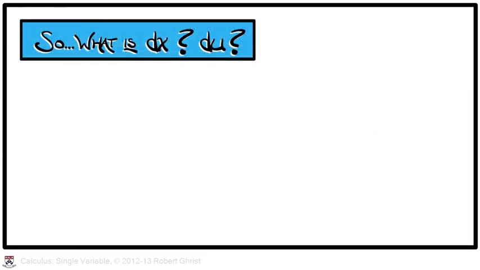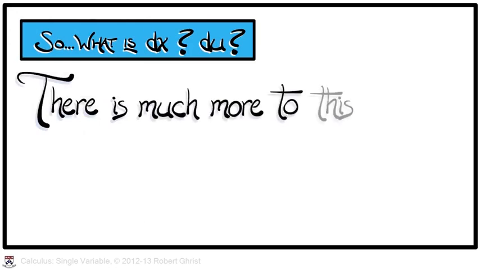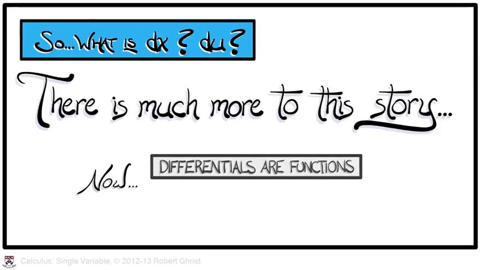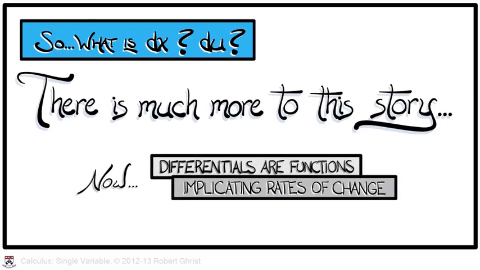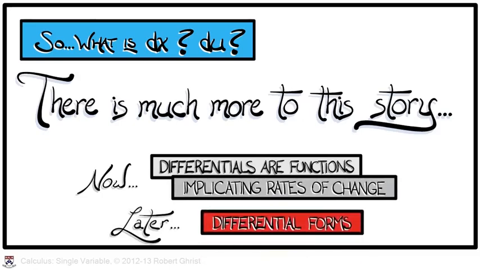So we have maximal revenue when the elasticity equals 1. So, concluding, what do we mean by dx and du? There is much more to the story than what we have said. For now, differentials are functions that implicate rates of change. When you get to multivariable calculus, you'll learn a different perspective involving differential forms.